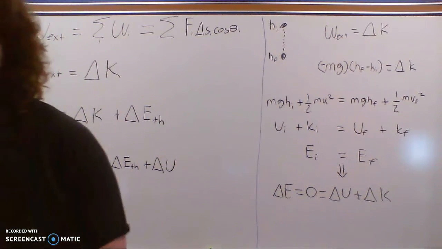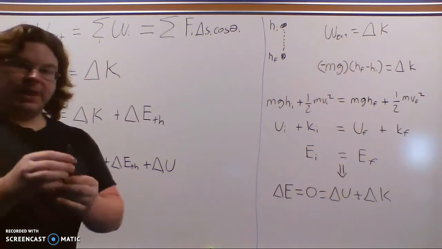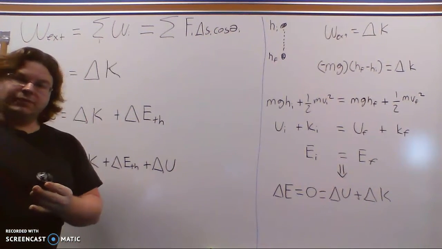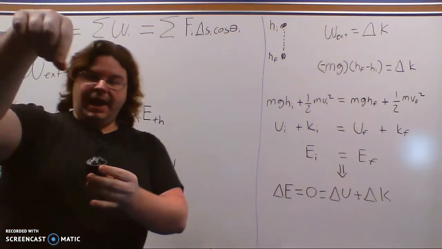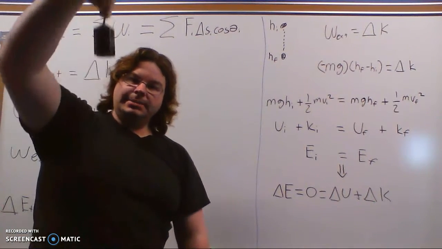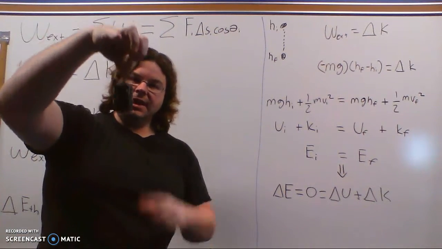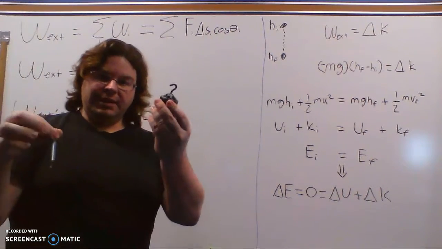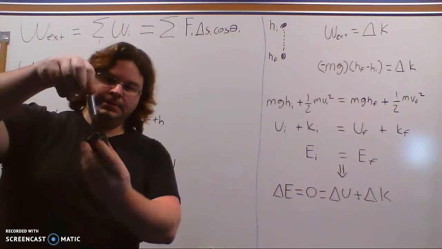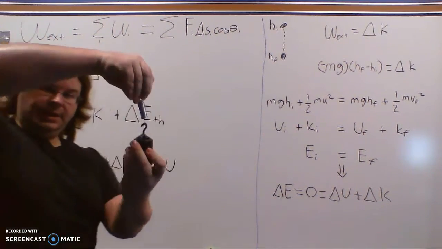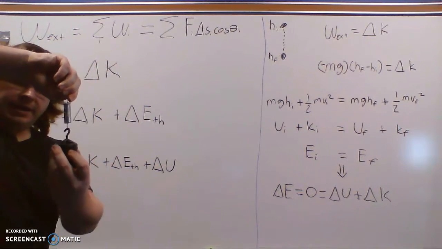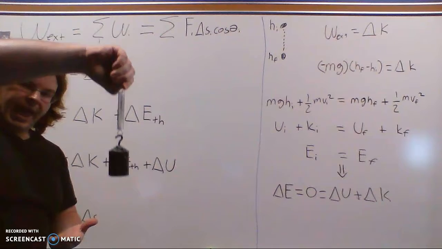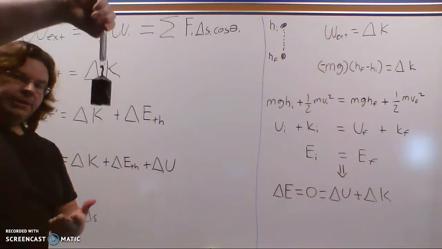To give an example of that, consider the following. I have this weight here, and if I just say the source of the force is my hand, then I exert a force and move this thing up, so I change the kinetic energy of this thing by exerting this force. But suppose I try to lift this with a little spring. I have this spring here, and you'll notice that the spring has stretched, but I can still move this thing around.